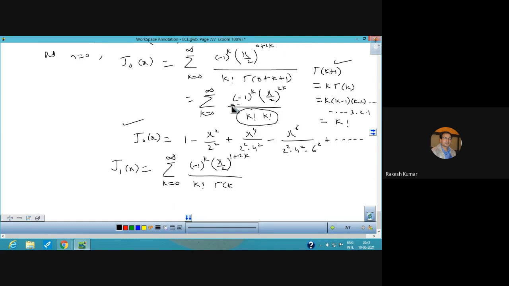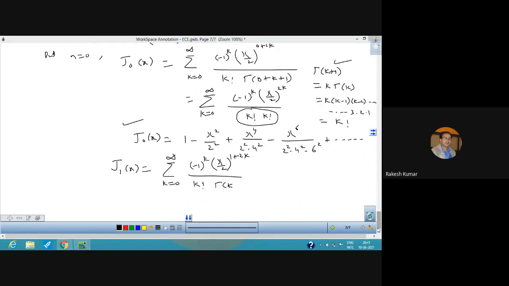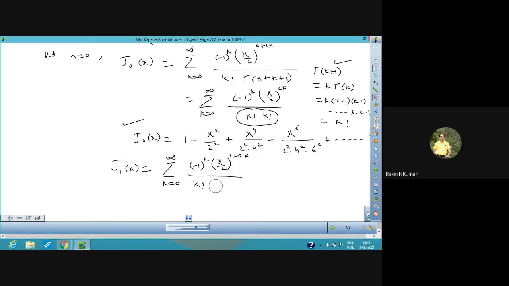So here, if we use the value n equal to 1, then gamma n plus k plus 1 was your n plus k factorial. So that was your 1 plus k factorial, so in place of this term you can write 1 plus k factorial.